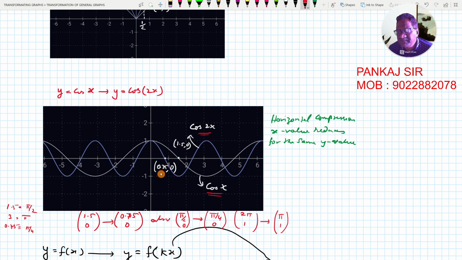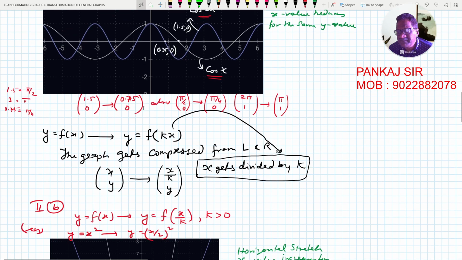So 1.5 is getting divided by 2 to get this 0.75. If you see all this carefully, you will definitely get an idea of what is happening when x is multiplied by some constant k. So this transformation was the third type of transformation that we can consider.